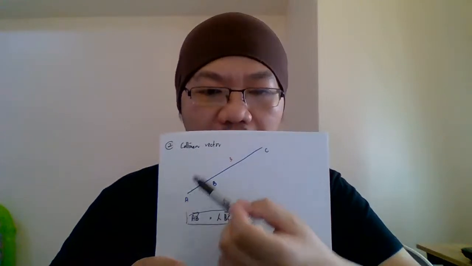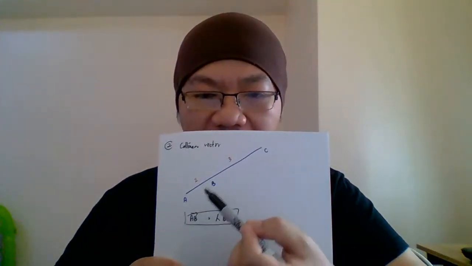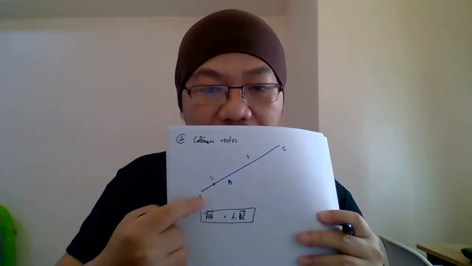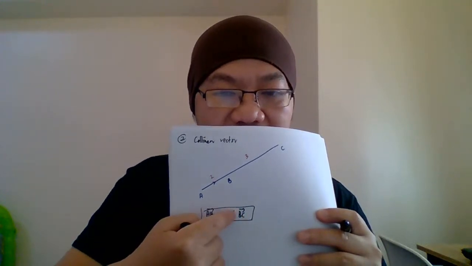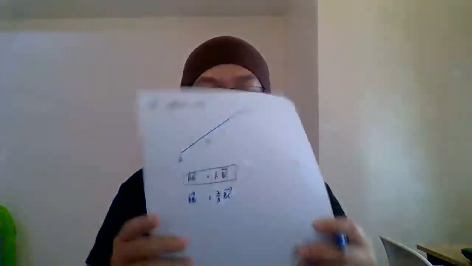So from this example here, AB and BC. AB means the direction A going to B, and BC is also the direction from B to C. So from this example, I can conclude that AB equals 2 over 3 BC.